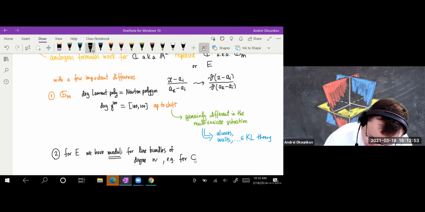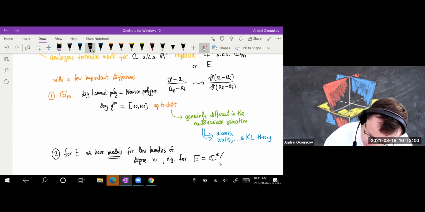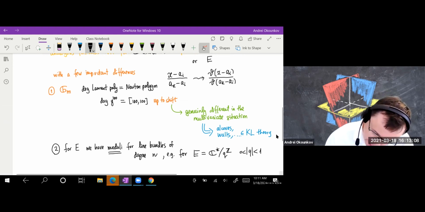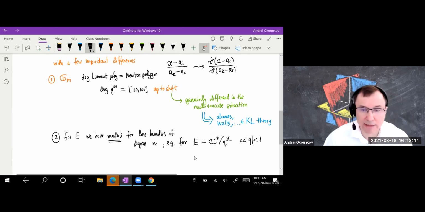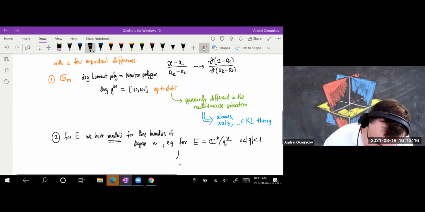if your elliptic curve is a quotient of C star mod q to the Z, you can say like this, maybe q is less than 1 in absolute value, bigger than 0. So then a section of a line bundle of degree n is a function satisfying a q-difference equation of the form f(qx) equals some constant times x to the minus n f(x).